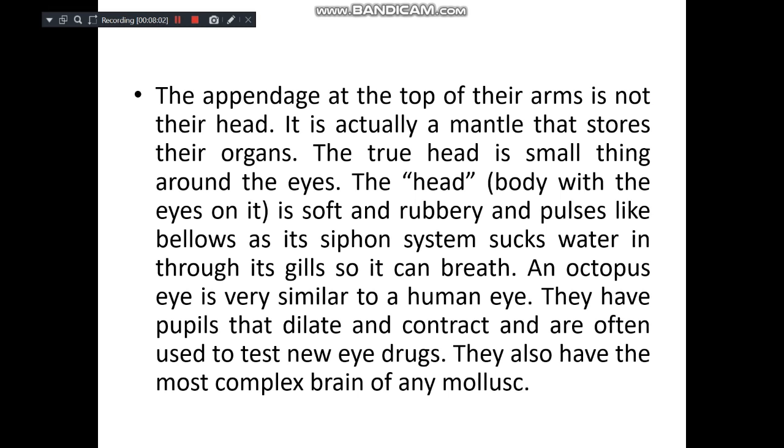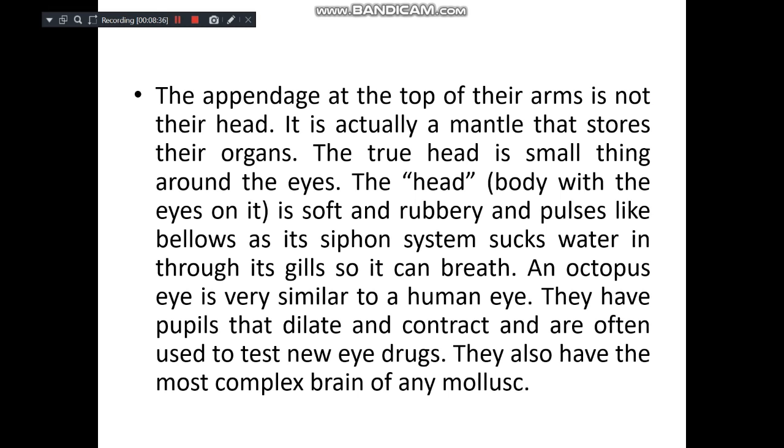This is very, very important. Even the pupil can dilate and contract like we human beings, depending upon the intensity of light. So that's why octopus eyes are used to test new eye drugs. Instead of putting them directly on human eyes, they are tested on the eyes of the octopus.